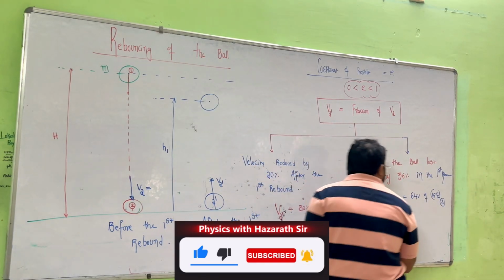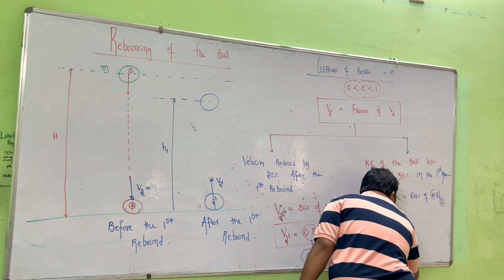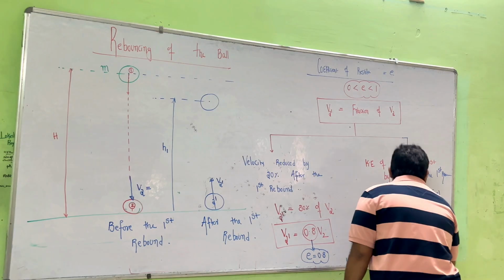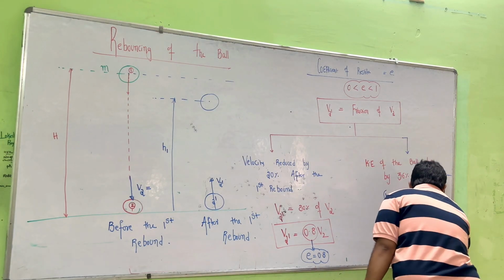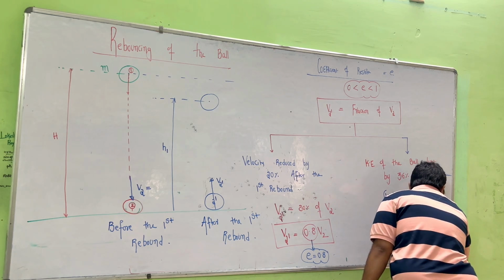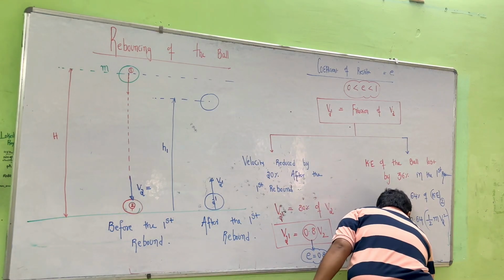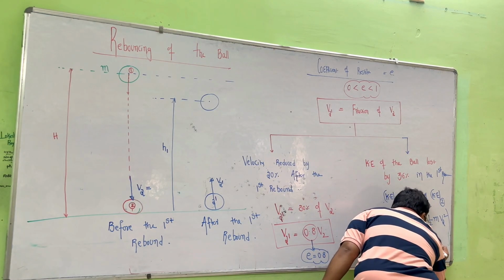Understood? In that case, what will we get? Half m v2 dash square equals how much? 0.64 into half m v2 square. Then we can confidently write v2 dash equals 0.8 v2.